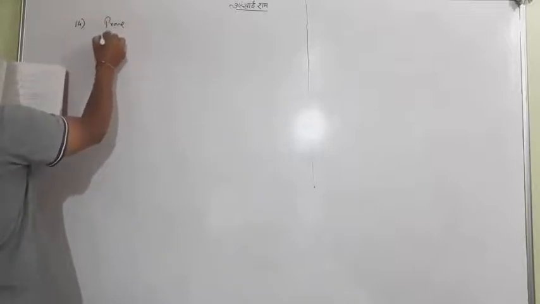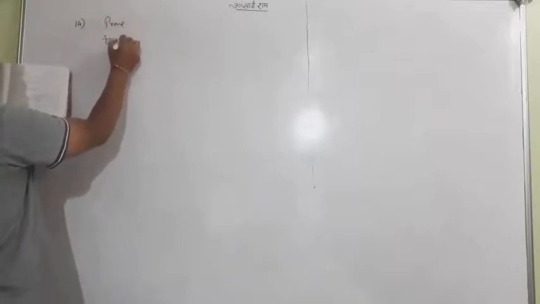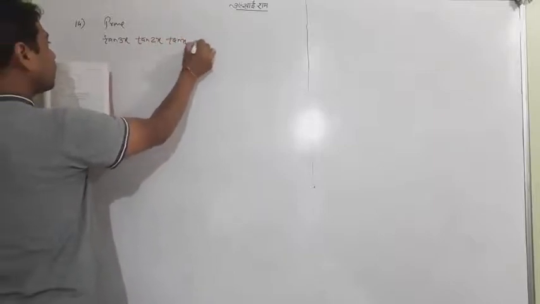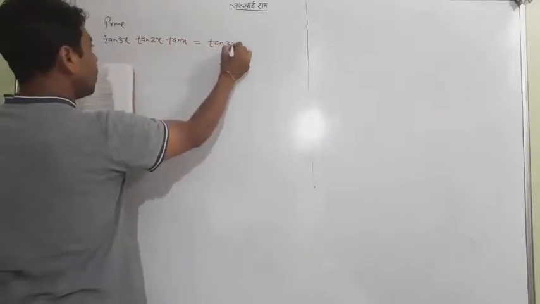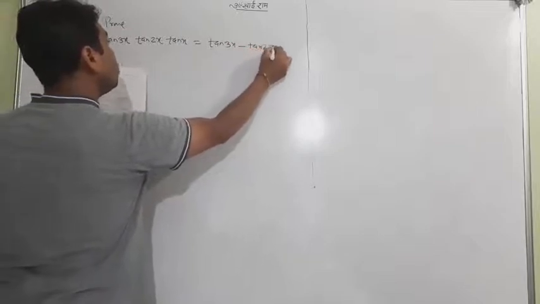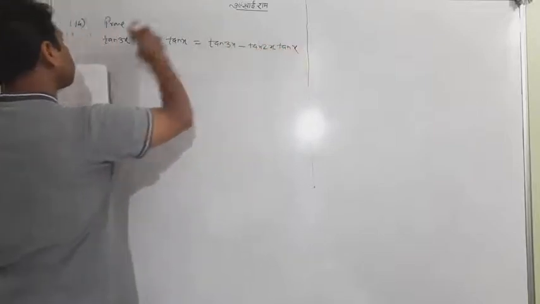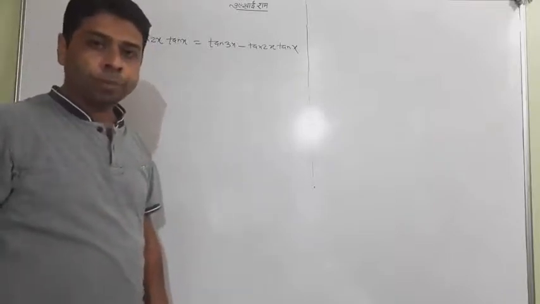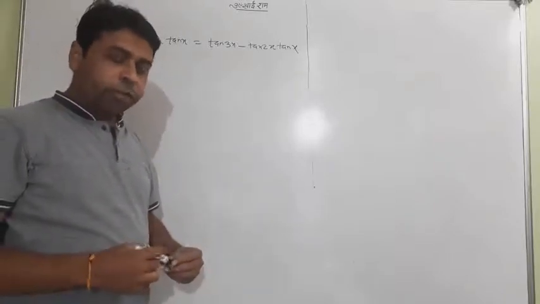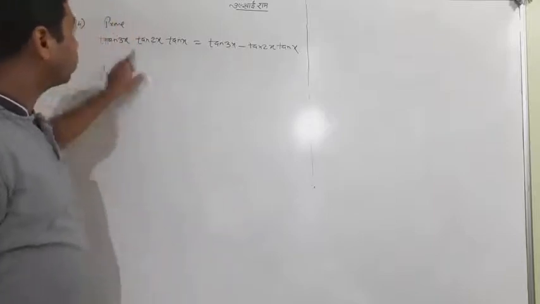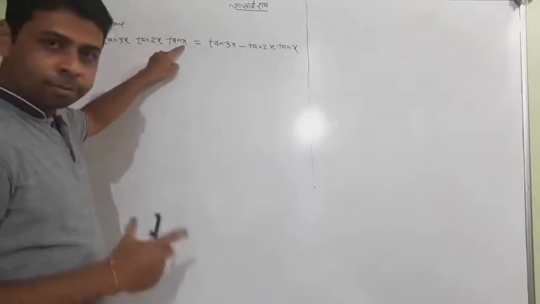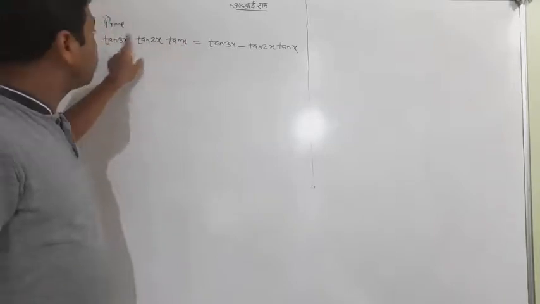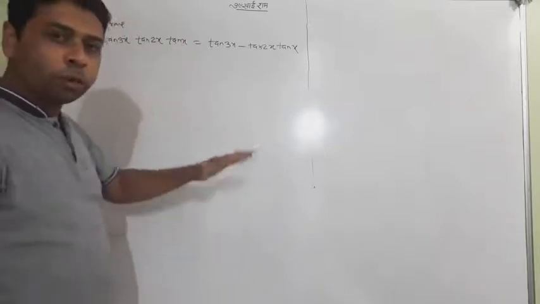Prove that tan 3x tan 2x tan x is equal to tan 3x minus tan 2x minus tan x. This is the question. Look at the nature of the question. There is some relation between these angles 3x, 2x and x.